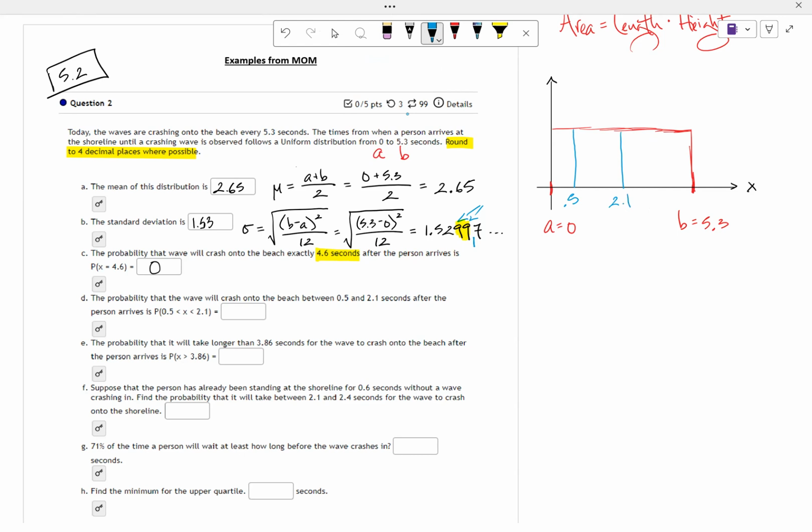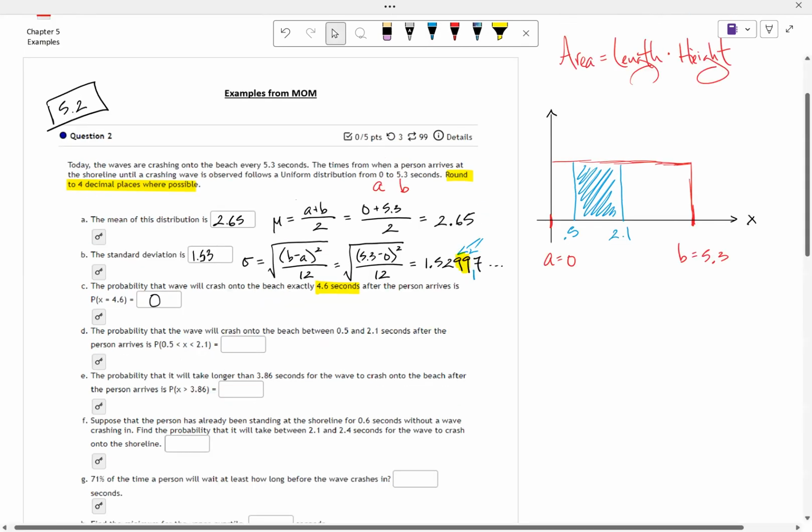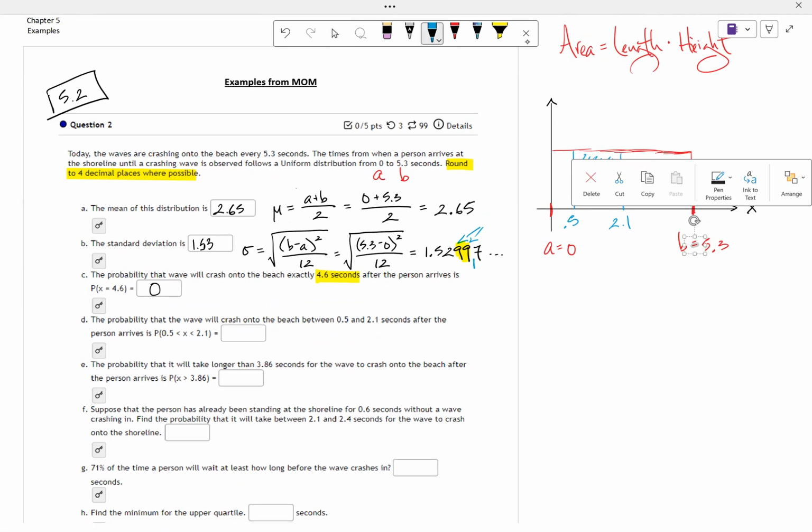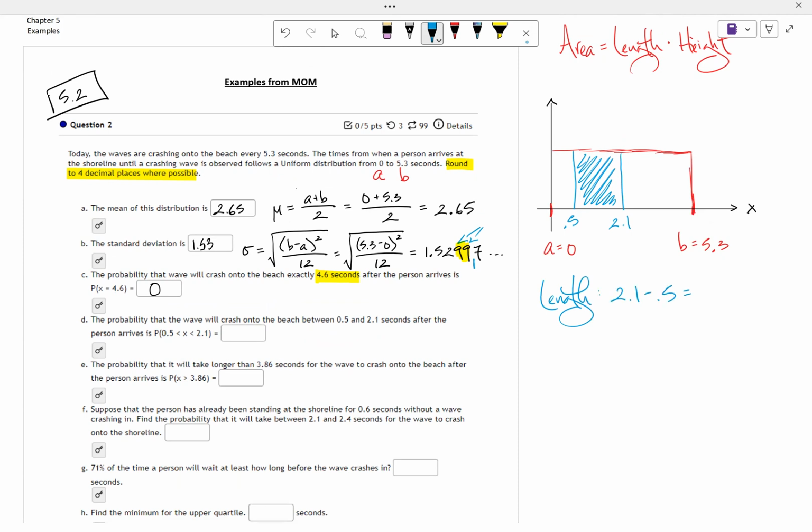What we're trying to find is the area of this blue rectangle. The length of this rectangle is 2.1 minus 0.5, which is 1.6. But I don't know how tall that rectangle is.